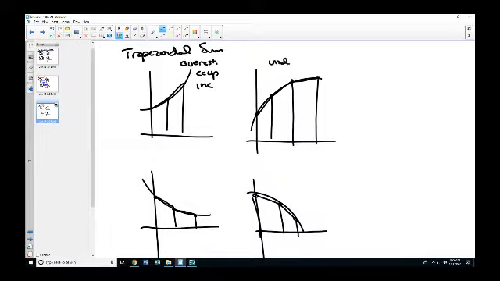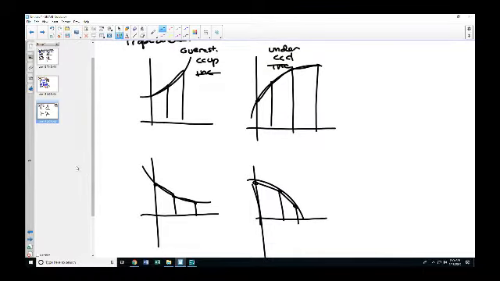Concave down, increasing. So do the increasings match with over and under? No. Okay, so we know that increasing does not have a bearing for trapezoidal sums. So obviously concavity, right? Let's look at another concave up. Is that an overestimate? Yes, it is.